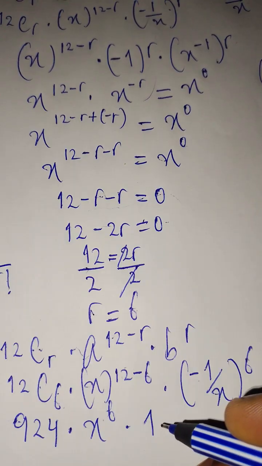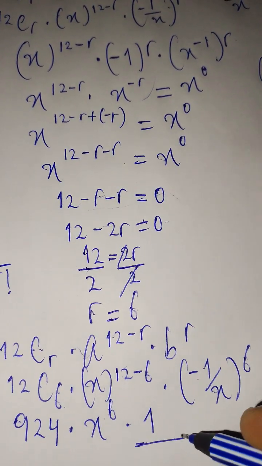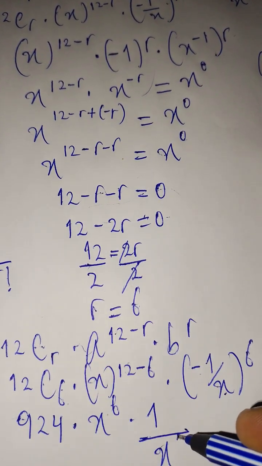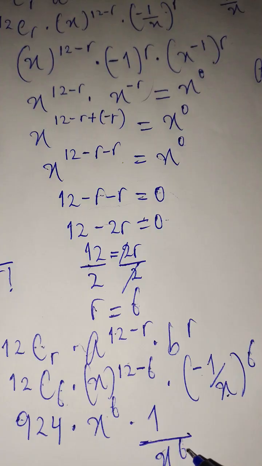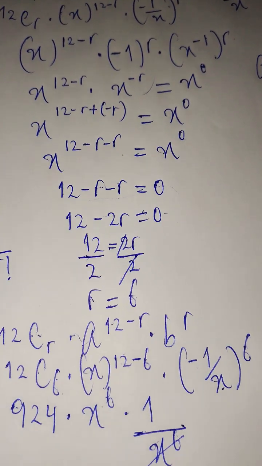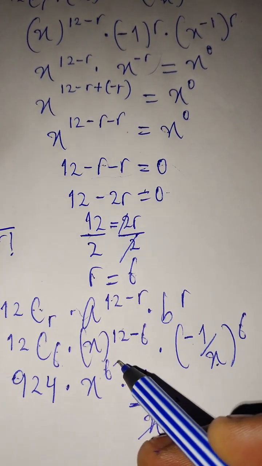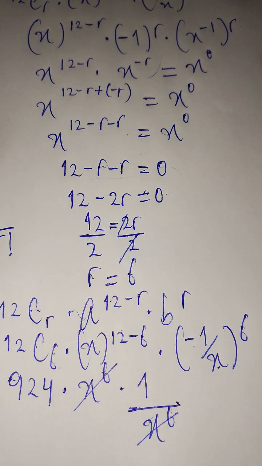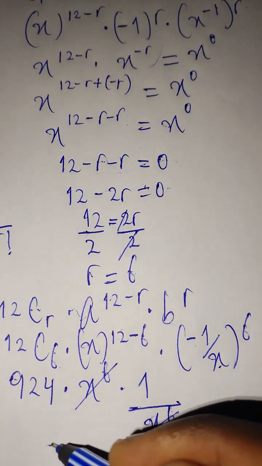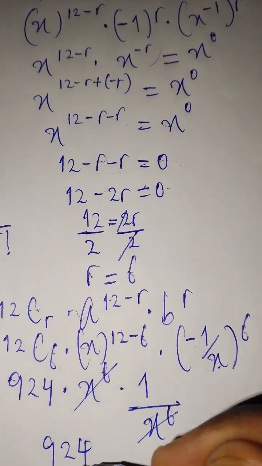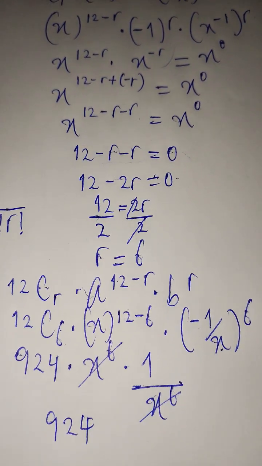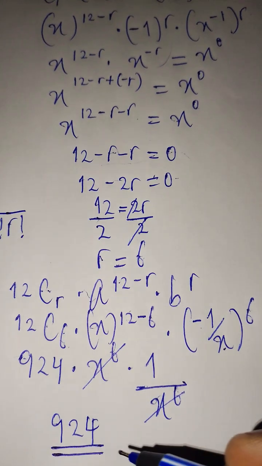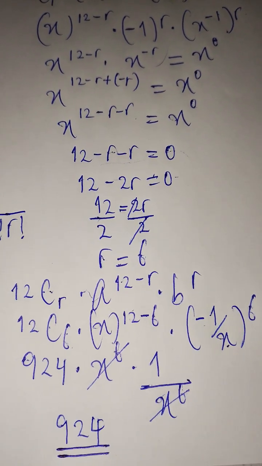So that is the same as saying 1 over x raised to the power 6. Then this one, which has x to the power 6, is going to cancel with this, and we remain with 924 multiplied by 1, which is just 924. So basically, this is the term independent of x.